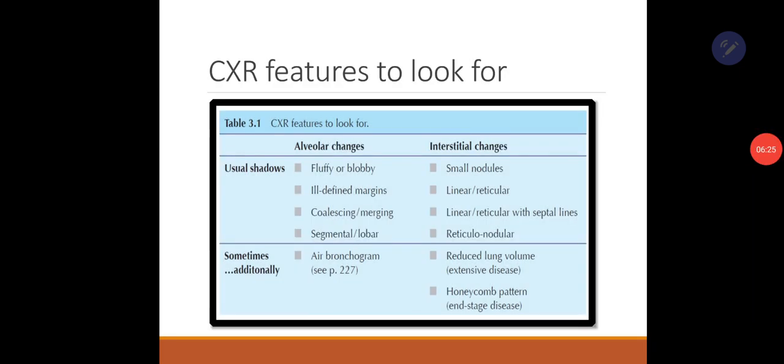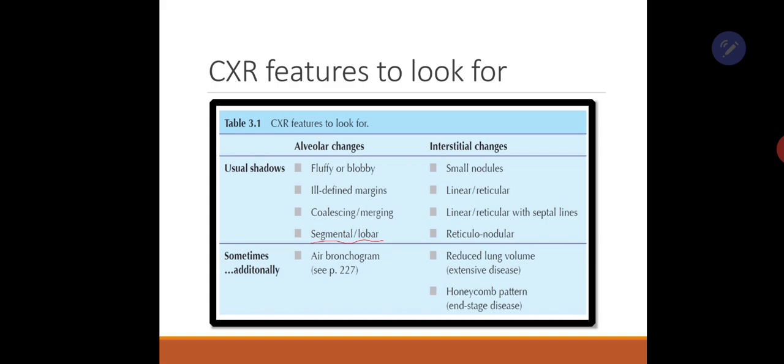So, what are the features we have to look for in alveolar changes and interstitial changes? In alveolar changes, the usual shadows will be fluffy or blobby, the margins will be ill-defined, they may be coalescing or merging, and they will be segmental or lobar. We know about the segments and the lobes of the lungs, I guess.